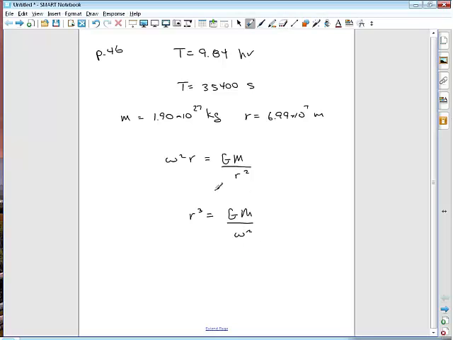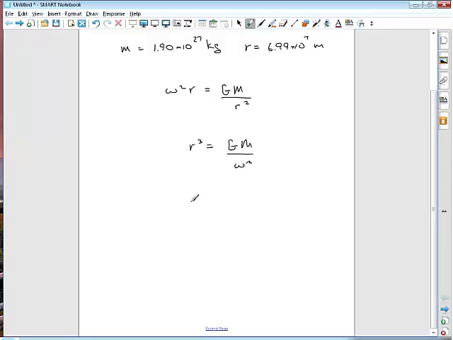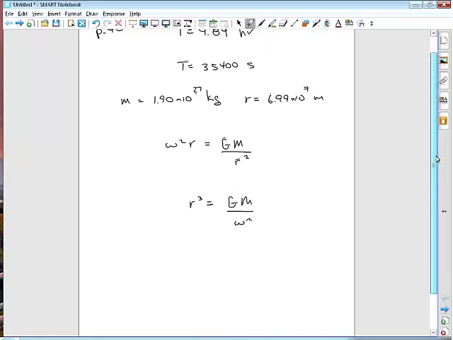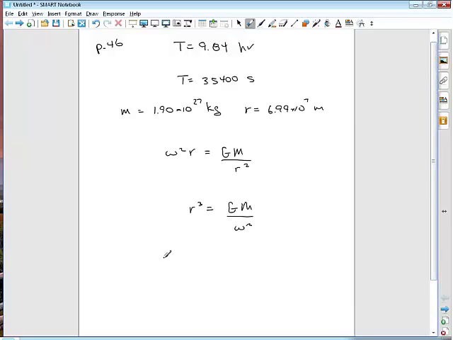We multiply both sides by r squared, you get r cubed, and you divide by omega squared. So you could find it by plugging the information in now, to find out what that radius is for a given rotational speed, which we don't have yet. So let's do that part next.